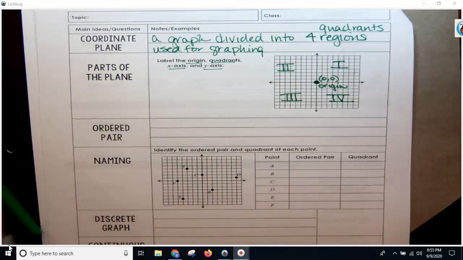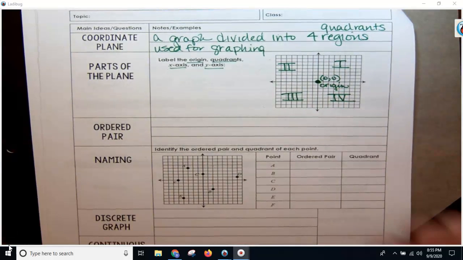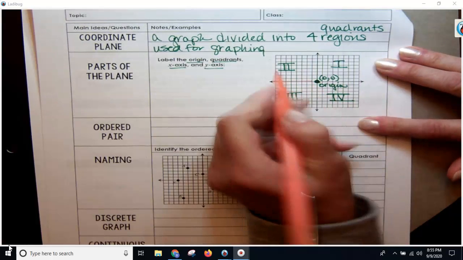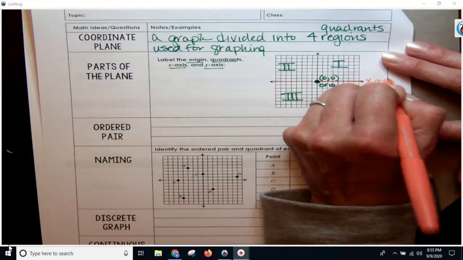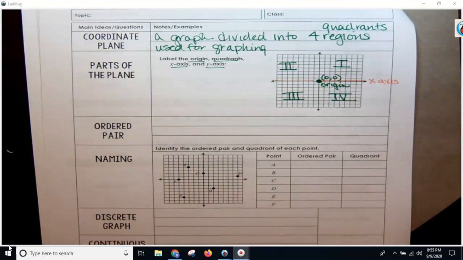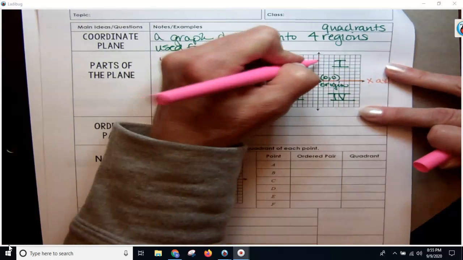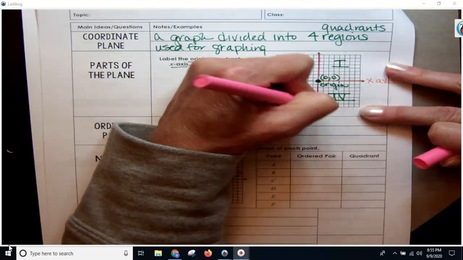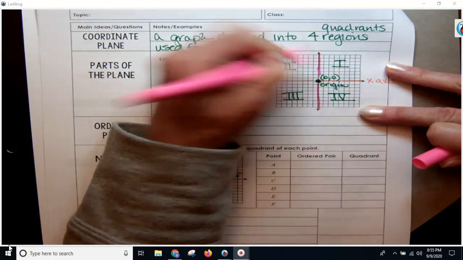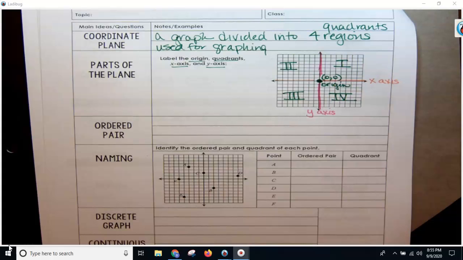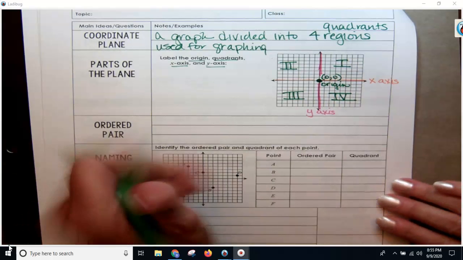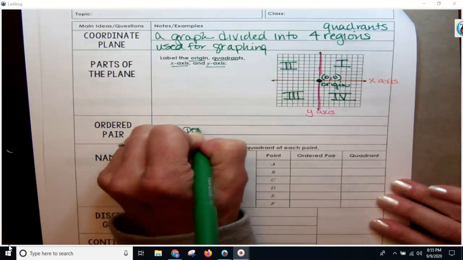My x-axis would be this horizontal line right here. And my y-axis would be this one right here, my vertical line. It's so important that you know this very well. An ordered pair is just a point on the graph.